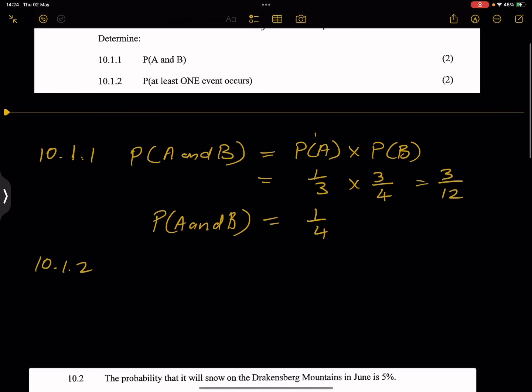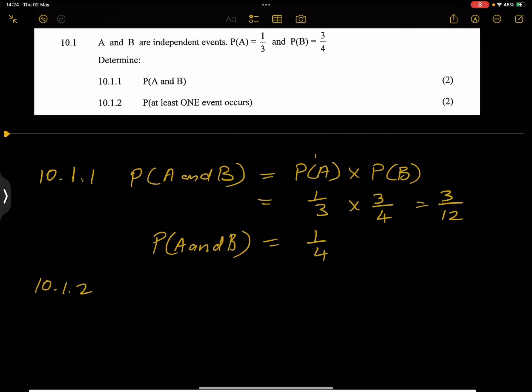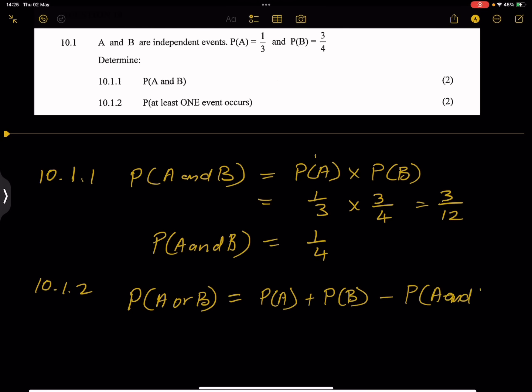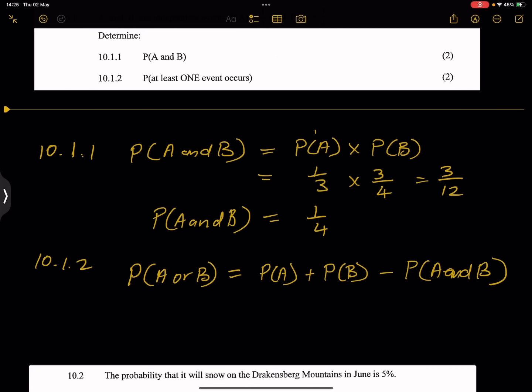We're looking for the probability of A or B. Now remember, our golden rule in probability says the probability of A or B will be probability of A plus the probability of B minus the probability of A and B. Please remember this golden rule of ours. It will always save you in this case.